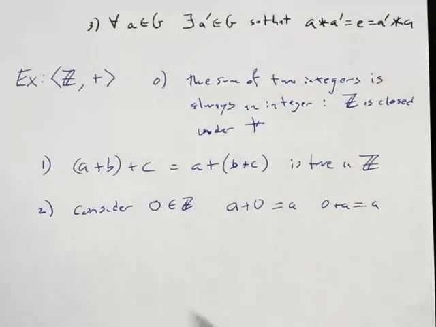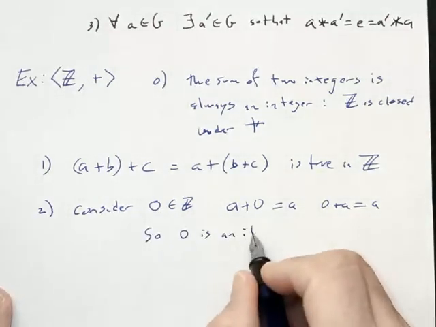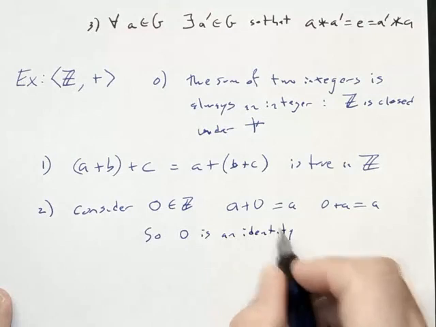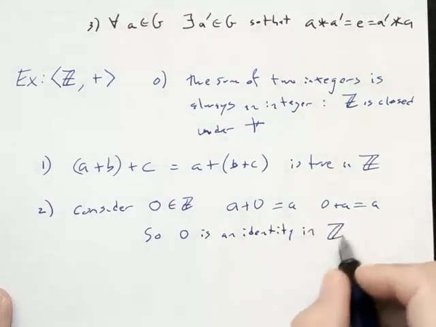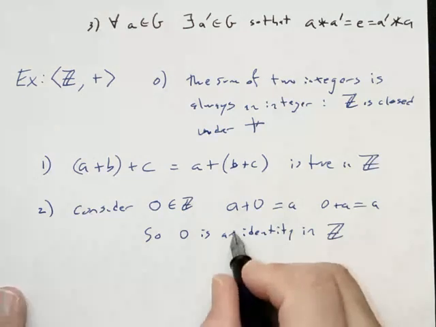That works. Oh, I've written 0 as an identity in Z. There's a typo up there. Not a huge typo, but a typo. Zero is the identity in Z. Because there can be at most 1. We showed that on Thursday.